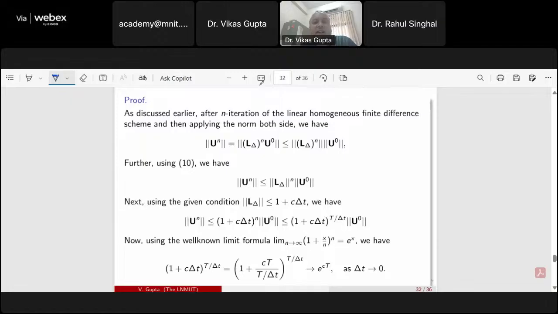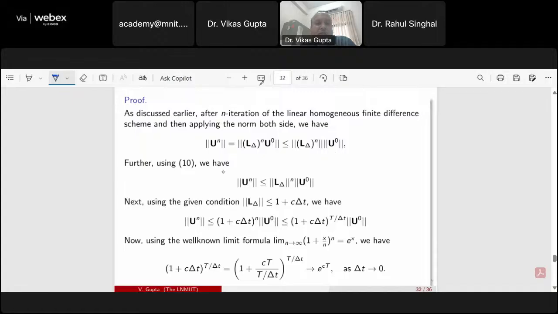As we discussed earlier, after n iterations of the linear homogeneous finite difference scheme and then applying the norm on both sides, we have norm of u^n equal to norm of L delta to the power n u^0, which is less than or equal to, by using the property of matrix norm, norm of L delta to the power n and norm of u^0.